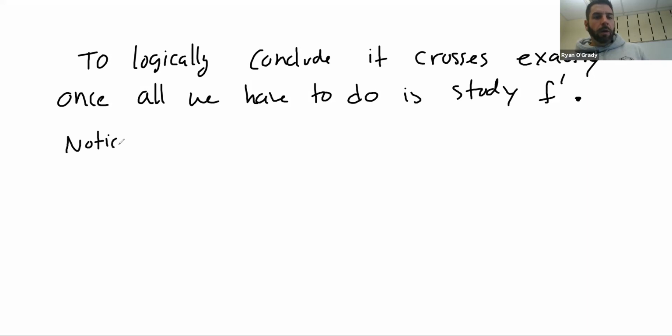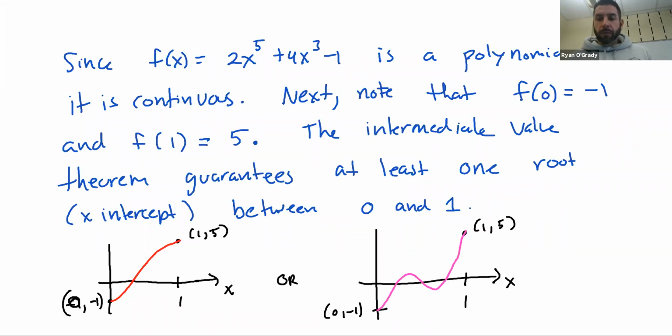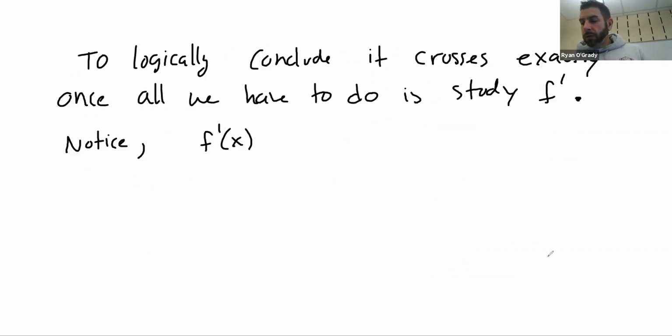So why? Well, notice, what is the derivative of this function? If we go back to the function, it was 2x to the 5th plus 4x cubed minus 1. If I take the derivative, I get 10x to the 4th plus 12x squared is the derivative.